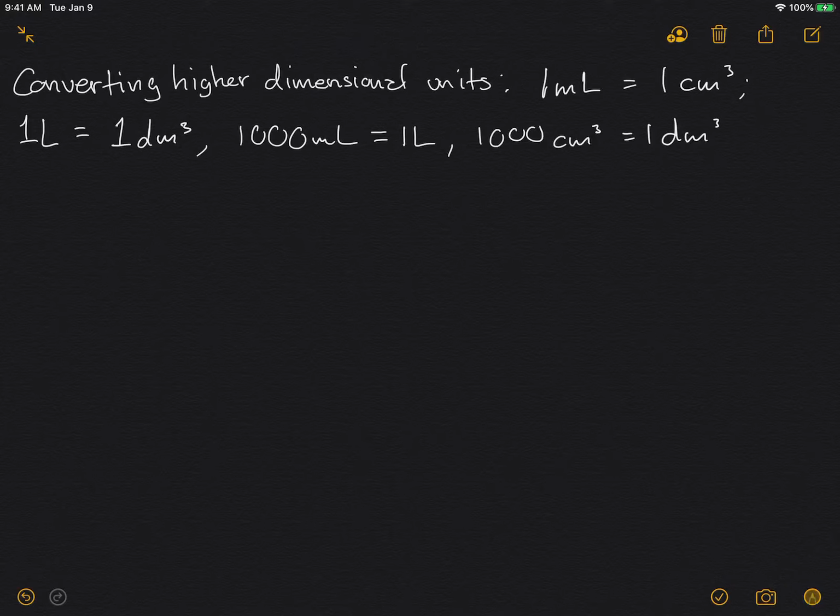Okay, since 1 decimeter equals 10 centimeters. Okay, so let's see if we have 1,000 cubic centimeters in 1 cubic decimeter.